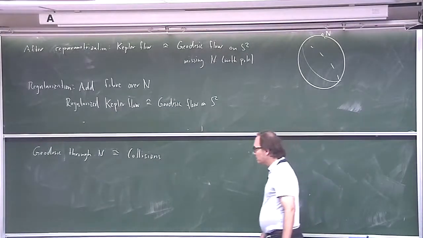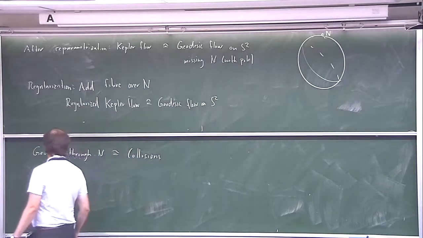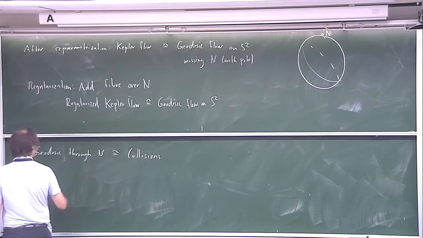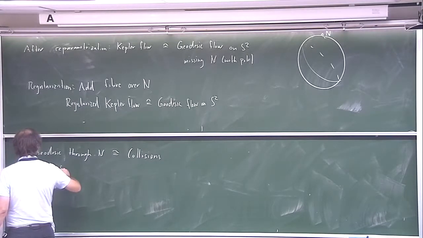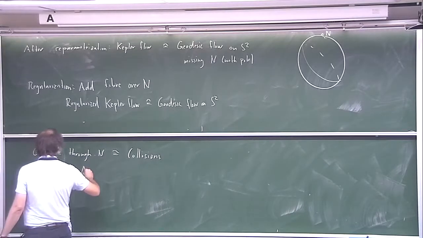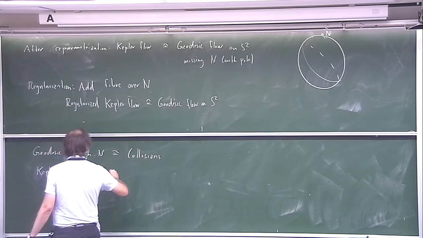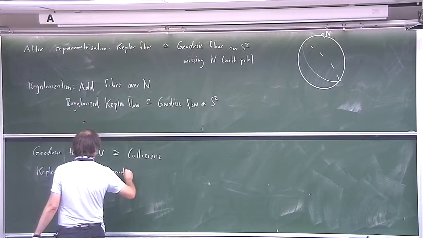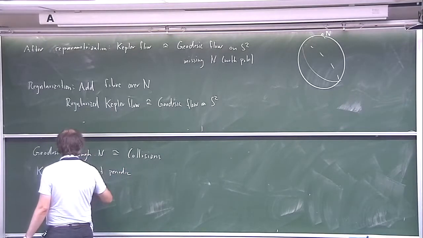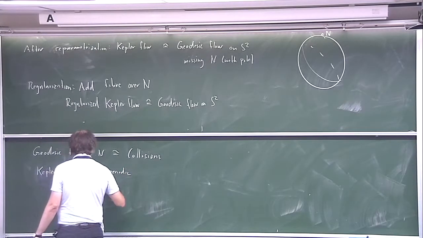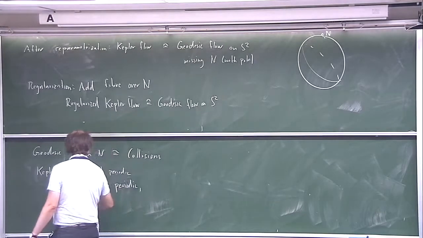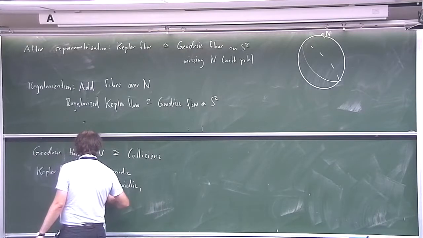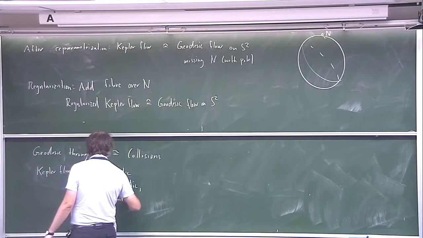So note also that the Kepler flow is almost periodic: the ellipses are periodic, and the collision orbits are not periodic.